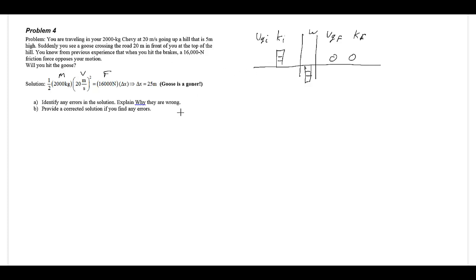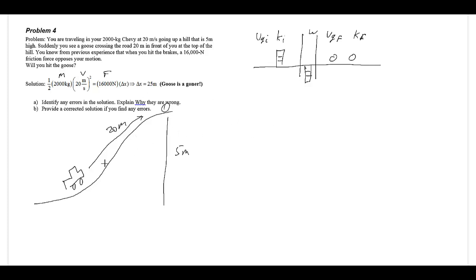Earth is here too. This thing is going up a hill, right? The idea being, if there is a goose up here somewhere, that ball is a goose. The hill, we said, was 5 meters high. And the car is going up this hill. And the goose is 20 meters in front of him. All right, so we're assuming he gets to the top of the hill before he hits the goose.